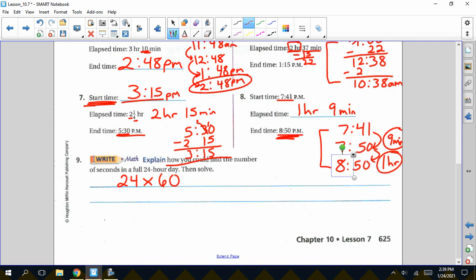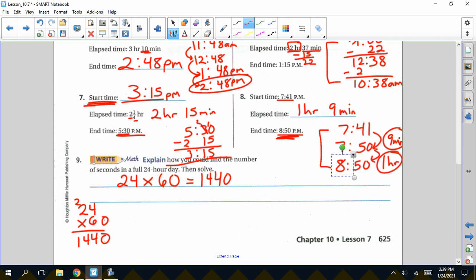Okay, so we would multiply that by 60. 24 times 60. I'm going to do 24 times 6 and then add a 0. And that would give us 1,440 minutes in a day.